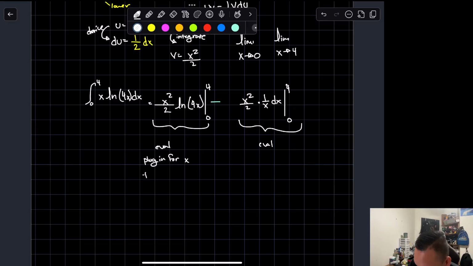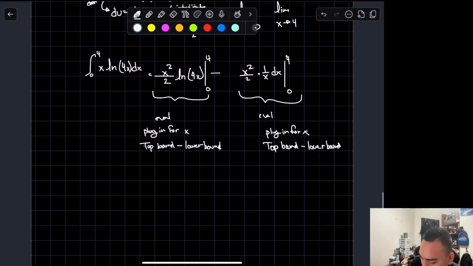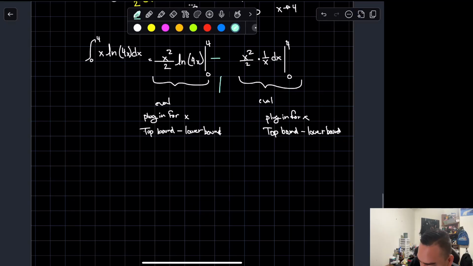And remember, it's always the top bound minus the lower bound. So the same thing for the other side, top bound minus lower. Just plug in 4x. And just keep the negative sign, just bring it down.